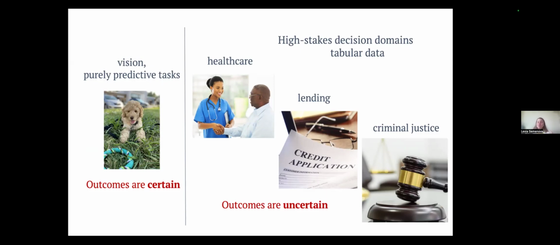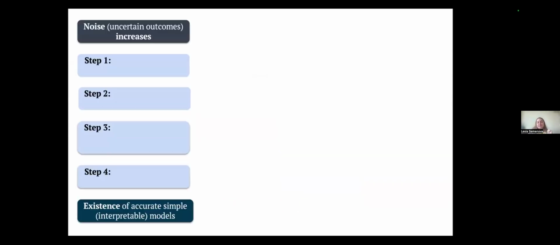So based on this observation, I would like to form a path. It will consist of 4 steps, and it will start with noise, this uncertainty in our data generation processes, and end up with the existence of accurate yet simple or interpretable models. As you may have noticed, for me simplicity and interpretability go hand in hand, because simplicity, which I typically use as sparsity, if it's sparse enough, very often becomes interpretable.